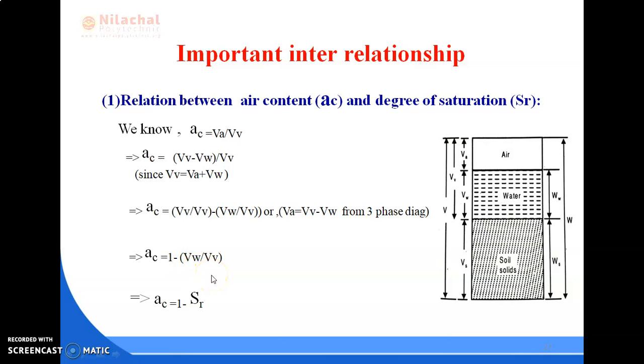Volume of water by volume of void is the degree of saturation, Sr. So this is the relation, Ac equal to 1 minus Sr. This is the most important relation, because in problems you have to apply this formula. So remember it, Ac equal to 1 minus Sr.